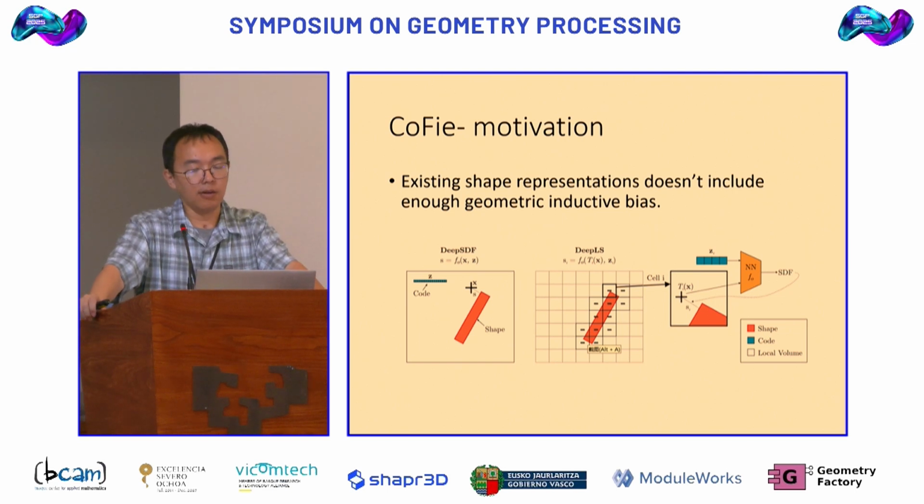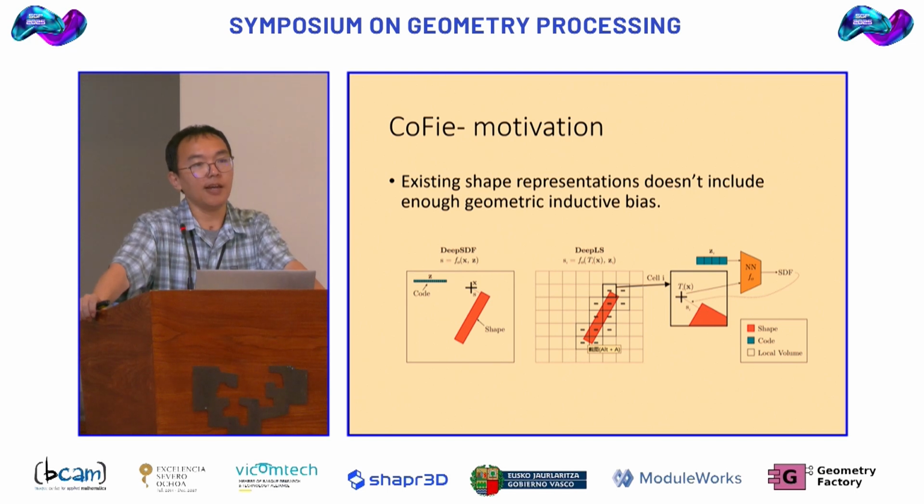The argument is that in each cell, the shape variation is a lot smaller than in the entire shape. So you don't need a very complicated MLP. Otherwise, you have to learn the entire distribution of the entire shape using a single MLP. If you localize, then the MLP doesn't need to be very complicated.